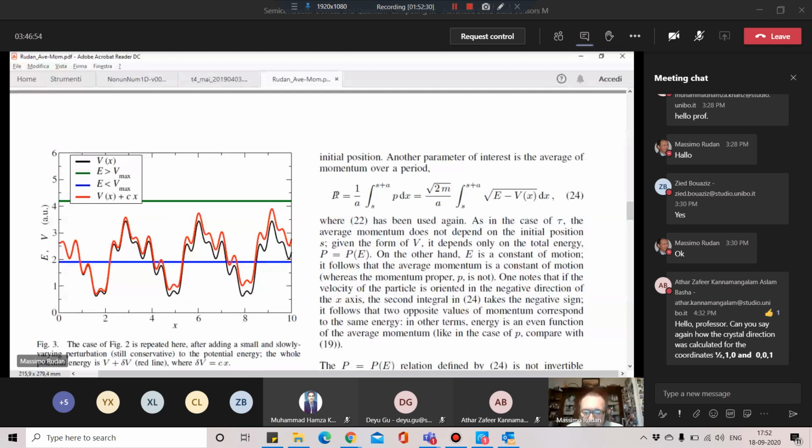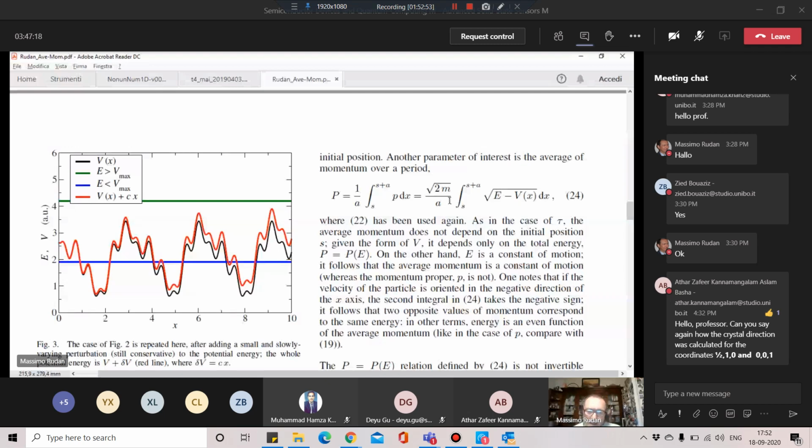The only thing that actually changes is that the relation between the average momentum and energy is not quadratic anymore, because there is this complicated relation in which you have this expression under the square root and you perform an integral, okay?